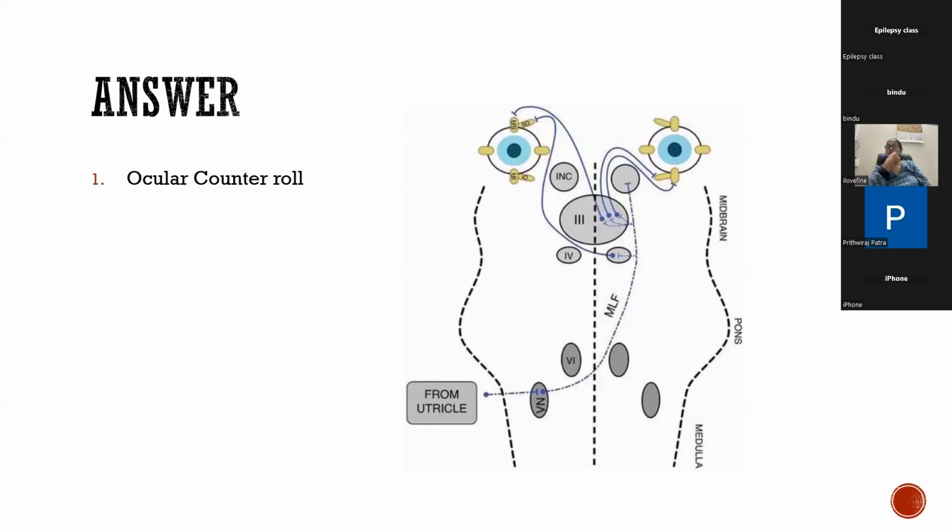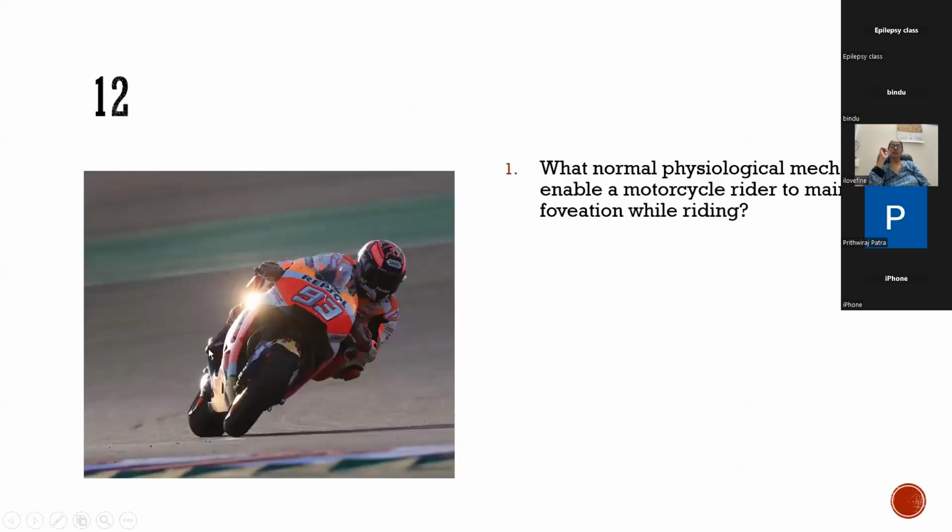But when the head is tilted, one eye should be elevated and intorted, and the other eye should be depressed and extorted. So that is the mechanism which helps to focus on the object of interest. So here the head is tilted, so the ipsilateral eye should be elevated and intorted, and the other eye should be depressed and extorted.